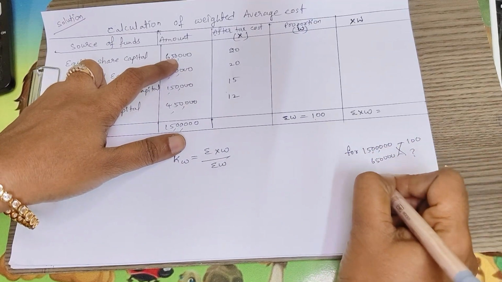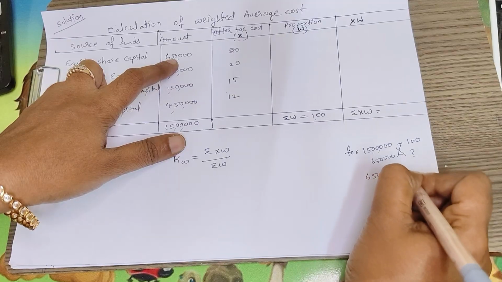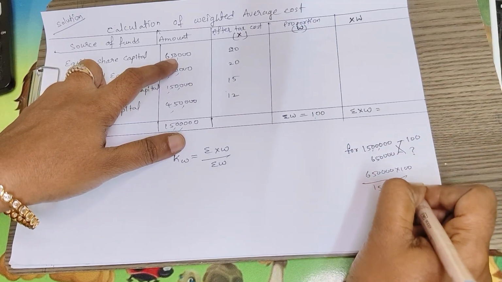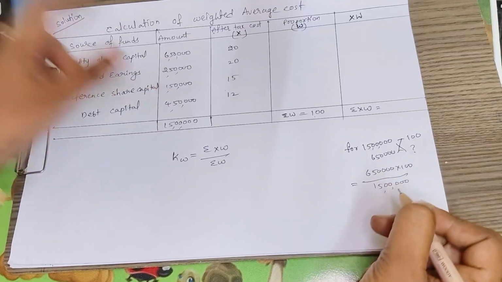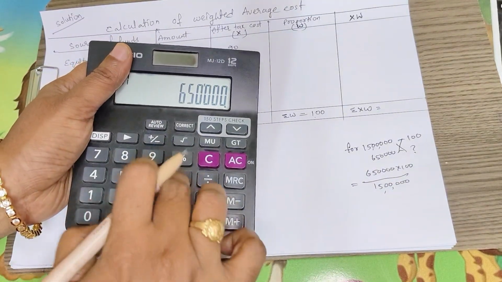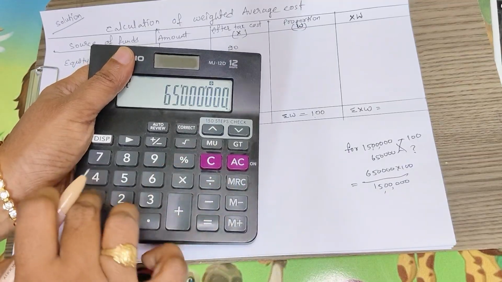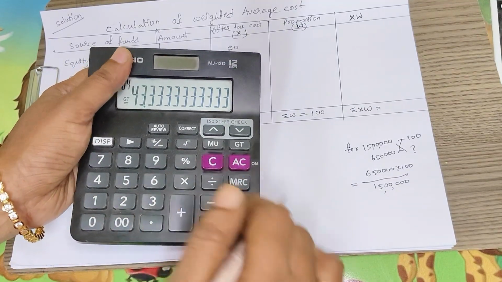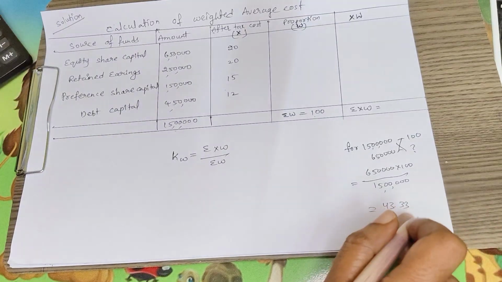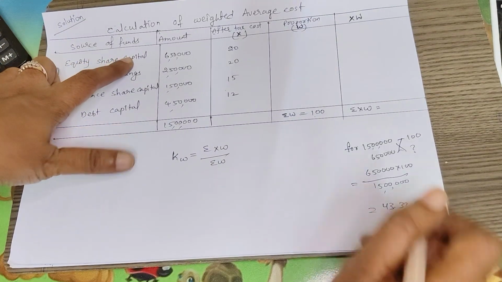Cross multiplication: 6,50,000 into 100 divided by 15 lakhs. What is the value here? 43.33. This is the weight of equity share capital.